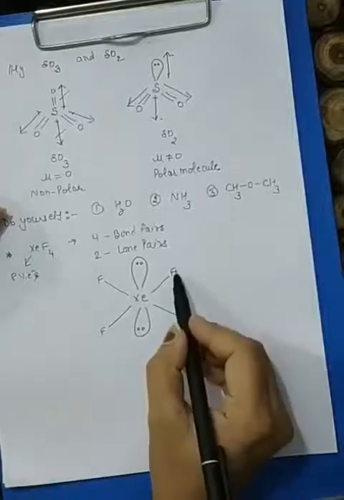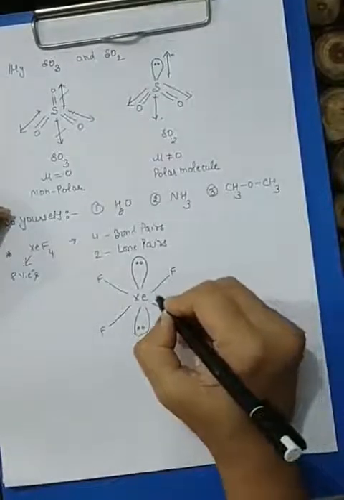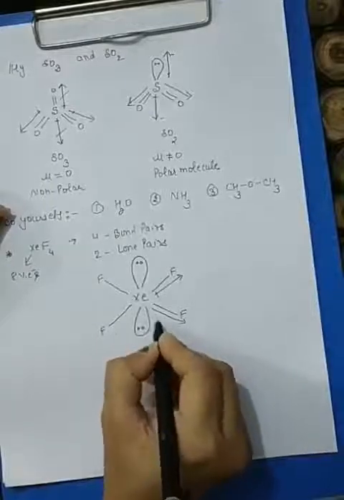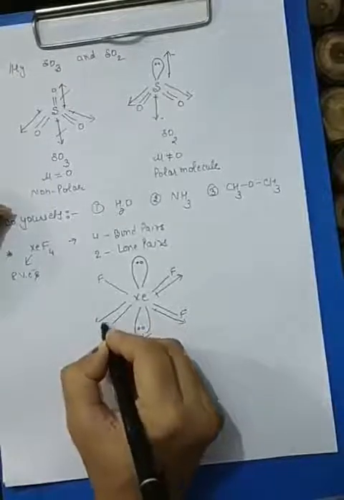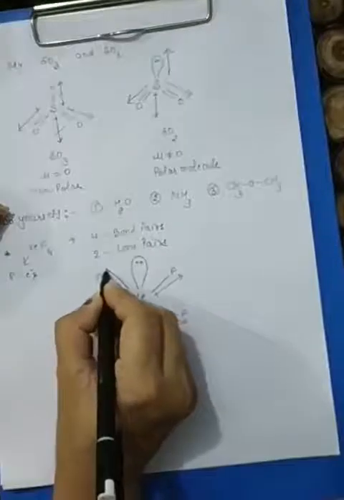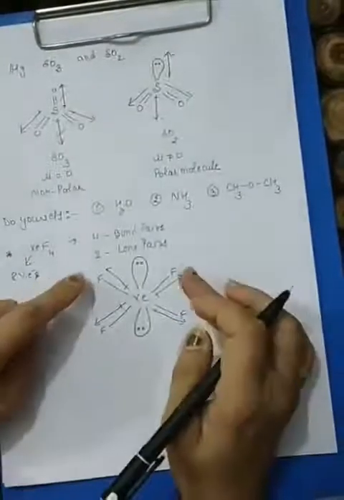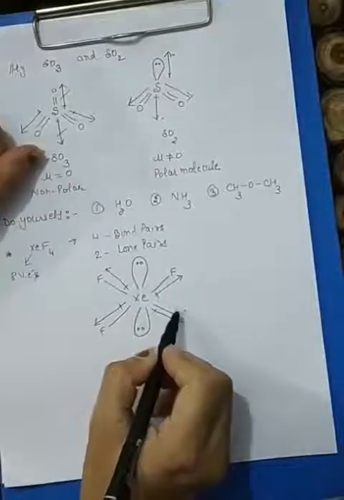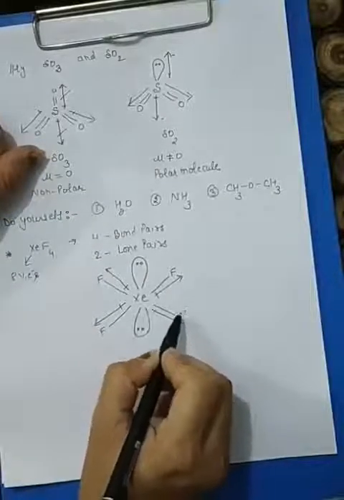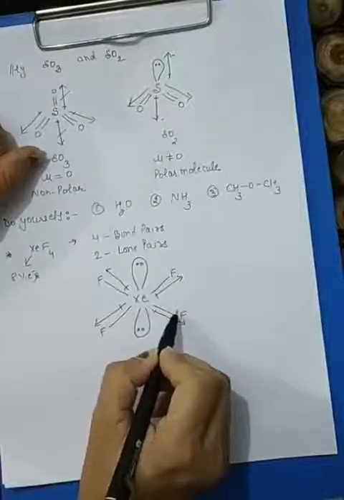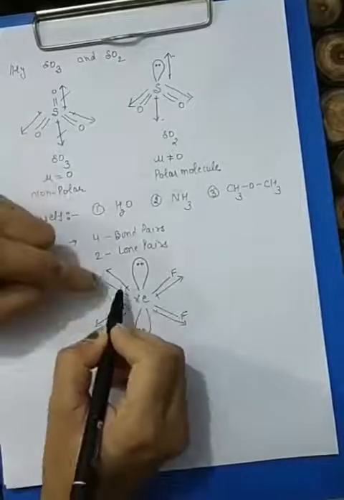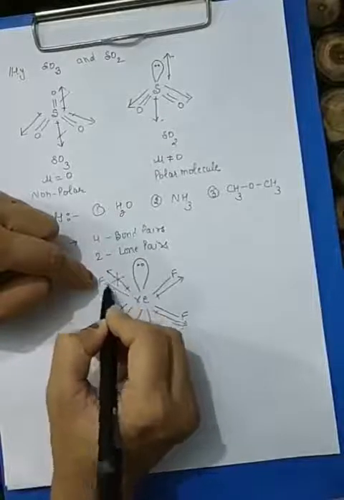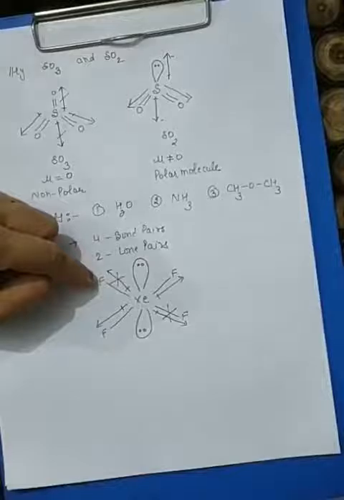As we know, fluorine is more electronegative than xenon, so the direction of dipole is from xenon to fluorine in all the cases. As the bonded atoms are the same, the dipole moment of this bond is the same in magnitude but with opposite sign to this dipole, hence both cancel each other.